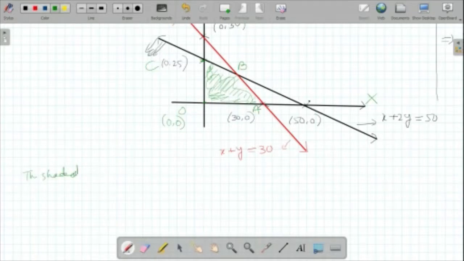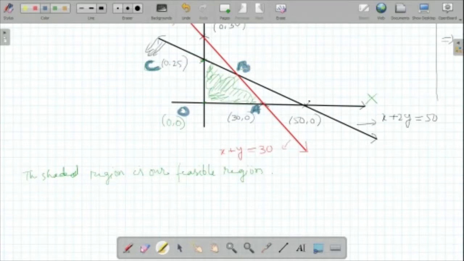The shaded region is our feasible region. So this is your feasible region, and what are the corner points? O, A, B and C, right? So this is C, this is O, this is A, and this is B.